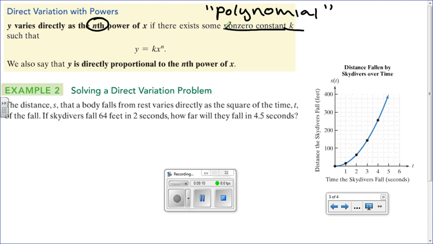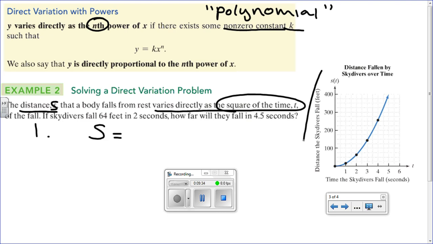All right, so let's answer this problem. So we have number 1. We need to translate the statement to an equation. So we have the distance s that a body falls from rest varies directly as the square of time. So the first variable mentioned will be distance, and we're using s.